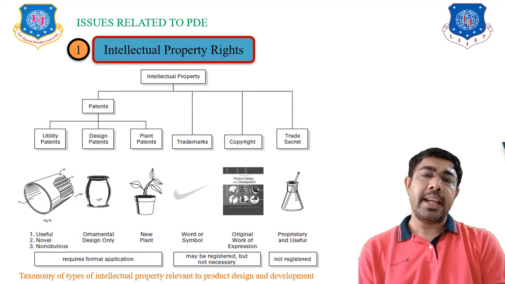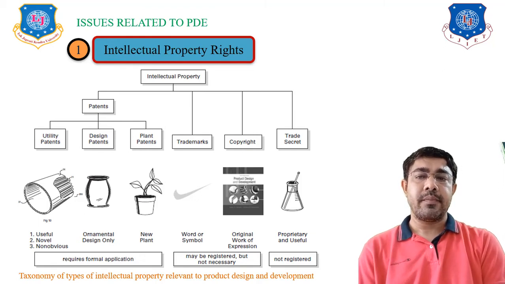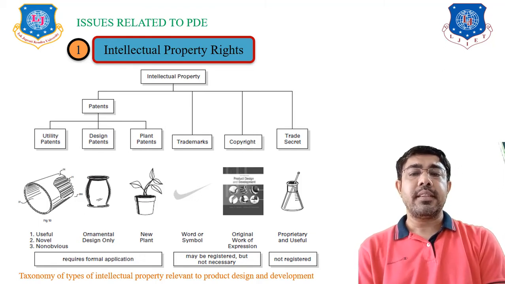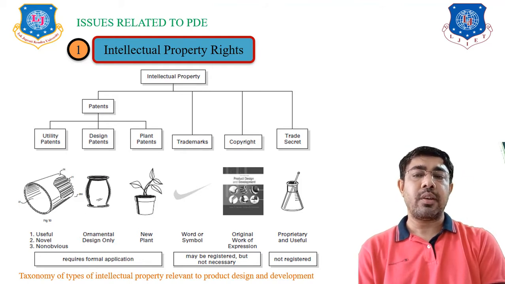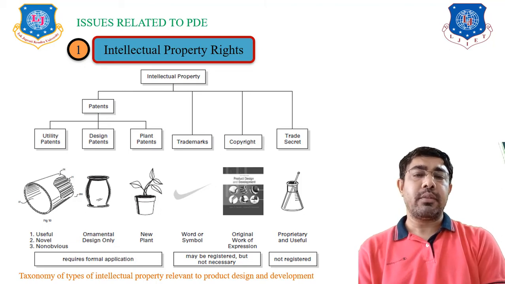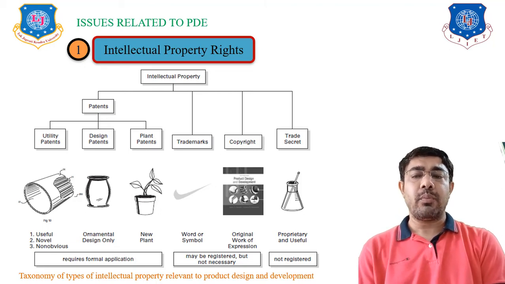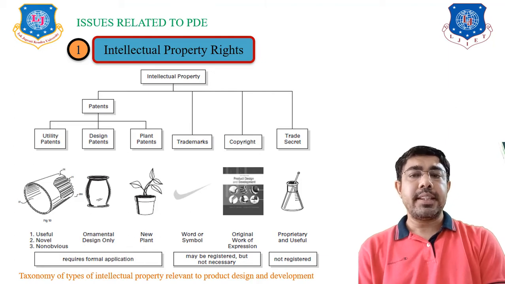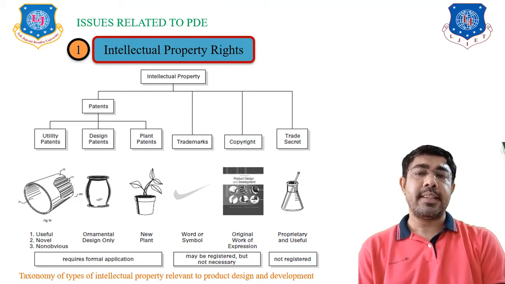The next thing is copyright, which is used for original works of expression. To protect original works of expression, copyright is used. Both trademark and copyright may be registered, but it is not necessary to register.